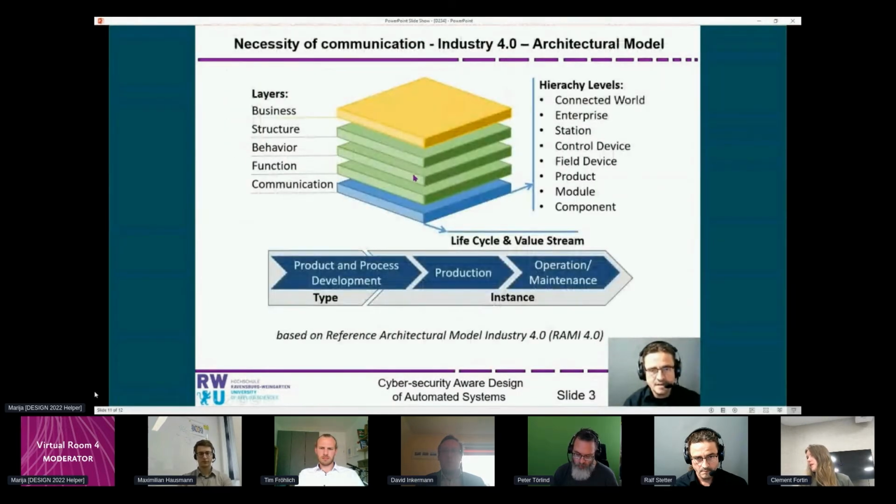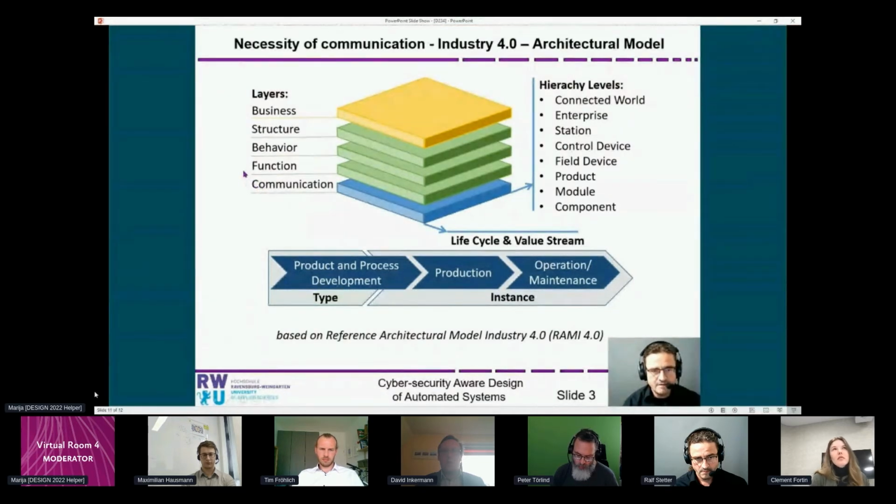So today, in industry, we need communication, and most of this is based on Industry 4.0. Here I give you an architectural model which is based on the reference architectural model industry, the RAMI 4.0. Here we have different dimensions. A first vertical dimension starts with communication.